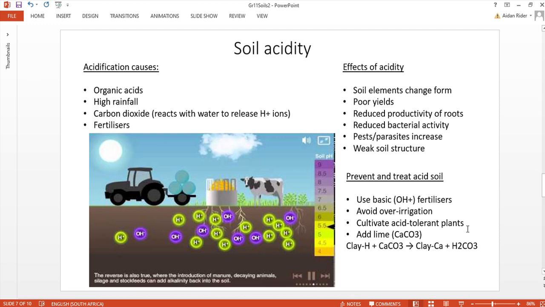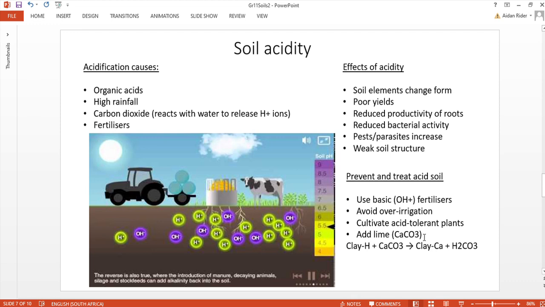Then also adding lime. Now lime is calcium carbonate. What this does is, within this soil there are clay pieces with lots of hydrogen atoms attached to or adsorbed by it. As soon as you add the lime, the hydrogen is exchanged for calcium.